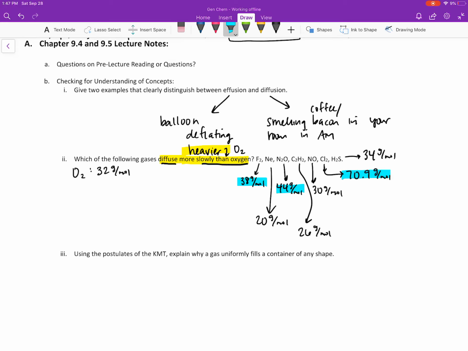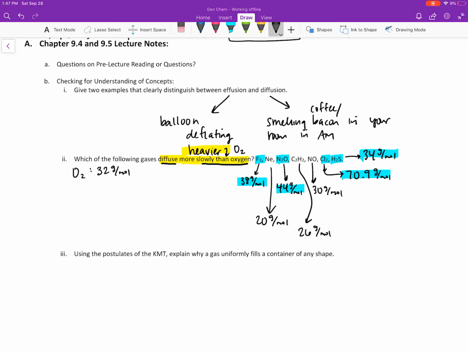Chlorine gas is heavier, and so is H2S. These are all heavier. Okay, so that should answer that question. If I was asked the opposite, what is lighter, I would have picked neon, C2H2, and NO.